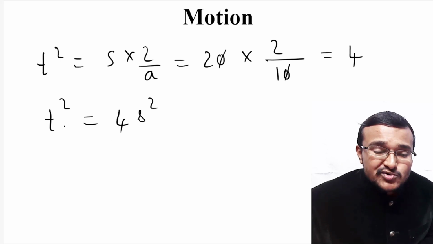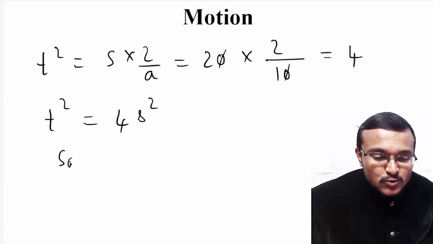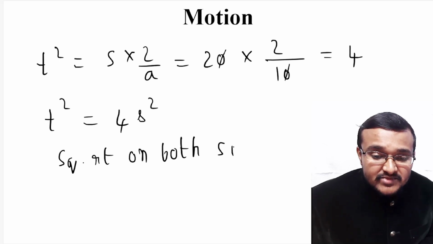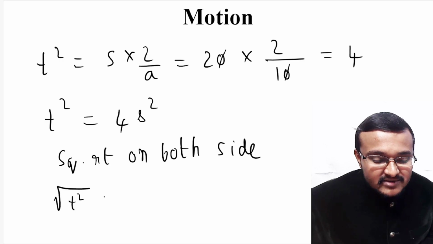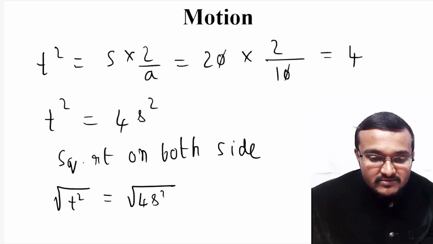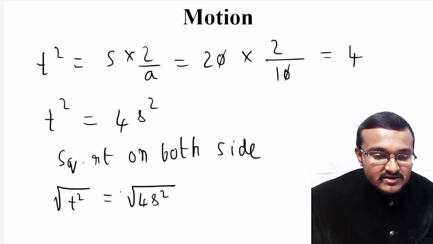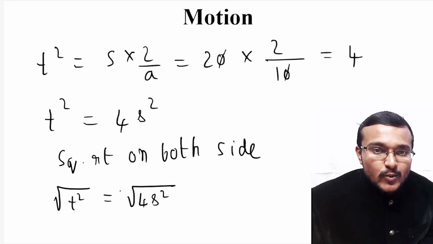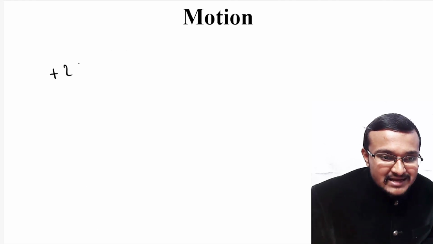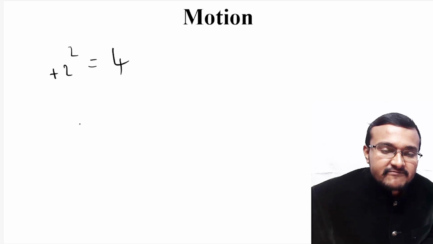Now to get the time, we take square root on both sides. On the LHS, square root of t square, and on the RHS, square root of 4 second square. Always remember, when you take square root, the values will be plus or minus. When you do plus 2 square, the answer is 4.